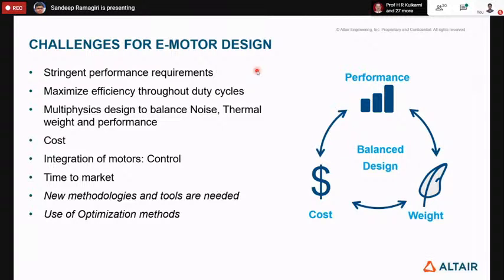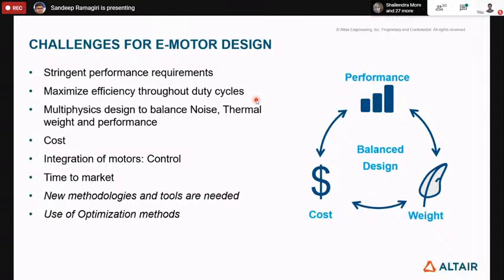But if you look at the motor which goes into electrical vehicle application, it's not a single RPM, it's multiple RPMs, right? So multiple load points. So what I'm trying to say is we need to target the several load points, for which we need to maximize the efficiency throughout the duty cycle. Duty cycle is nothing but basically load points, or a load cycle.